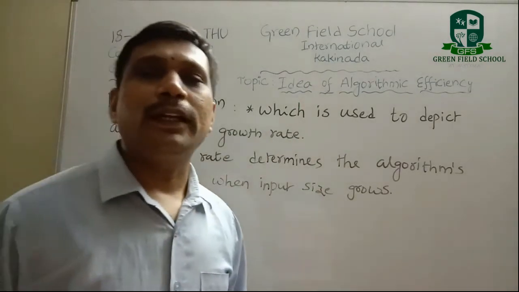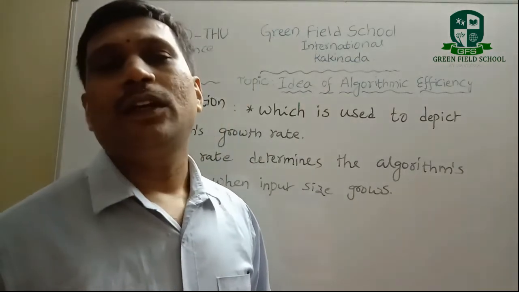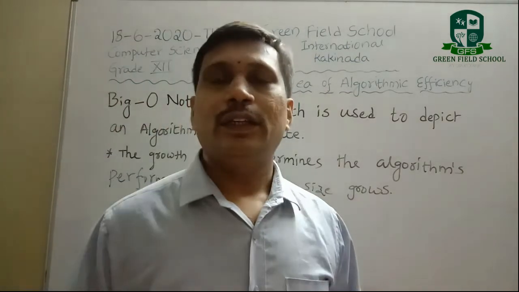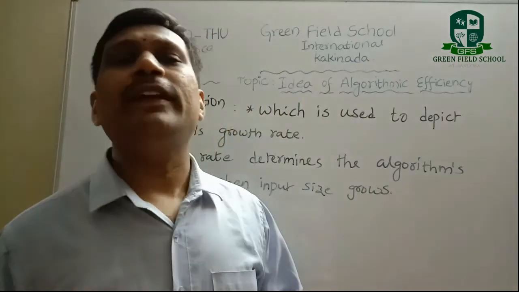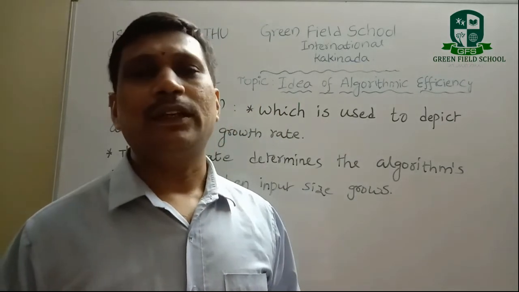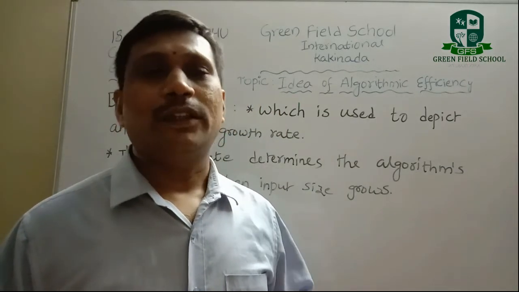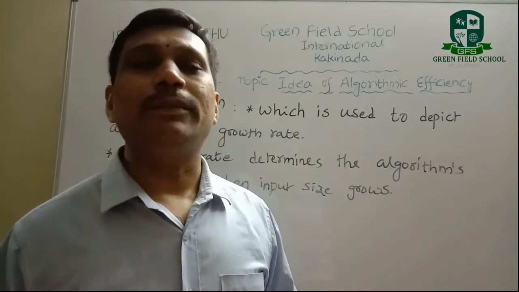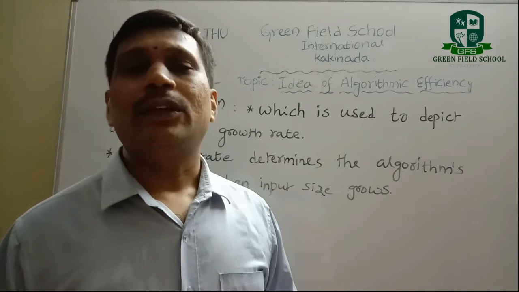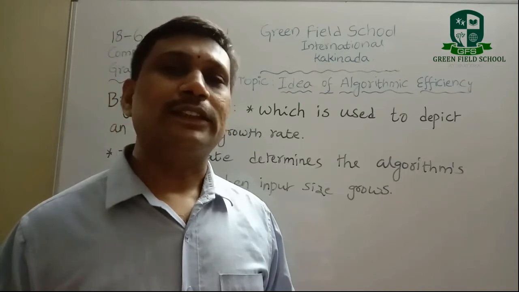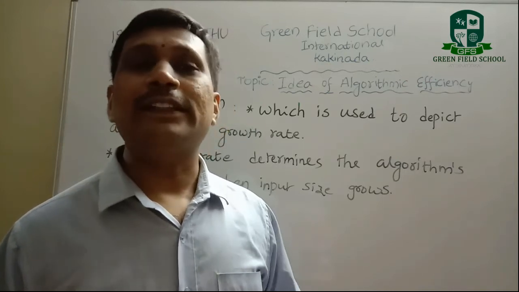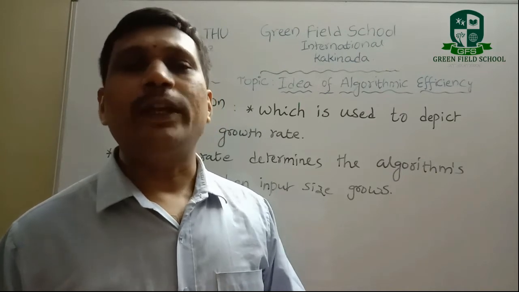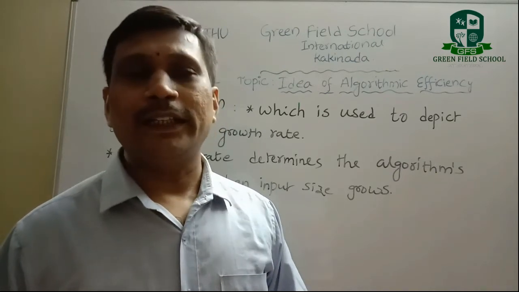Suppose for example, in computer science, we search for an element in a given list of elements. There are a number of ways to search an element, and there is searching and sorting. When you are sorting elements, we use sorting algorithms.